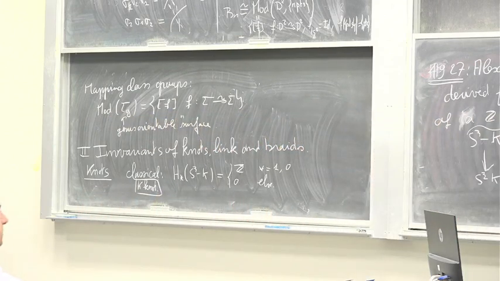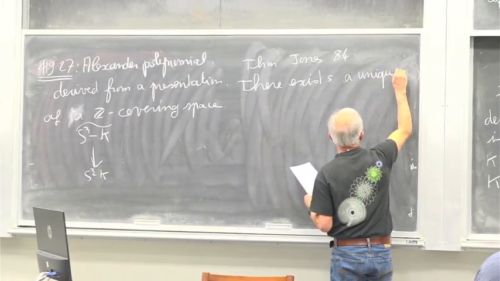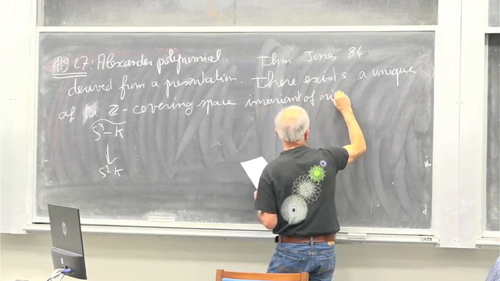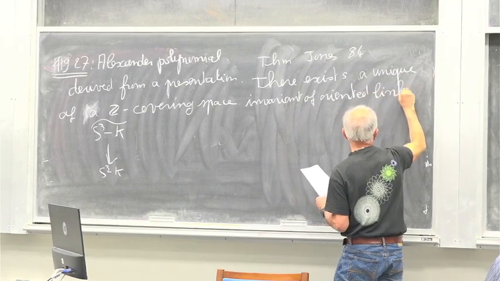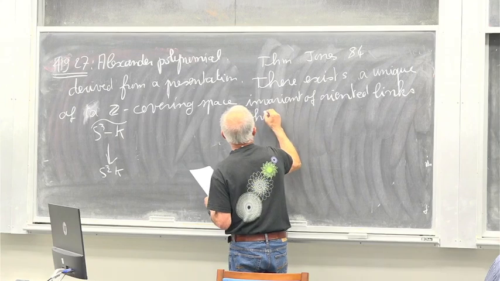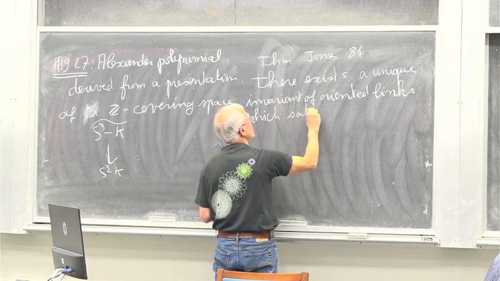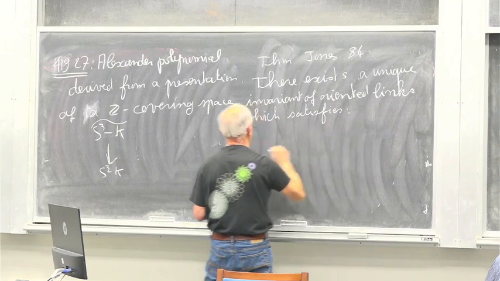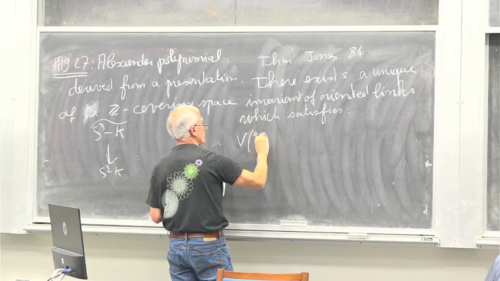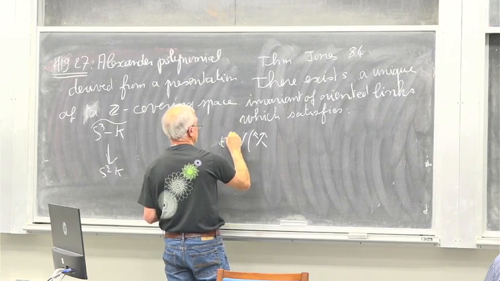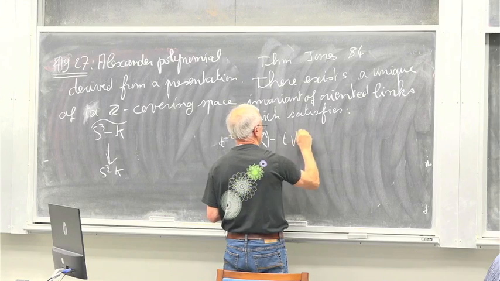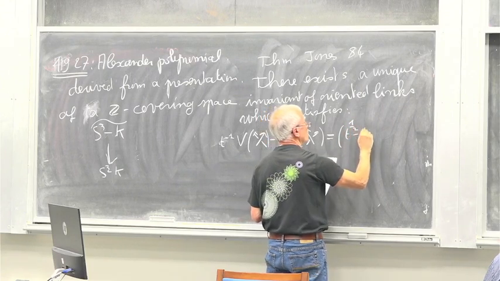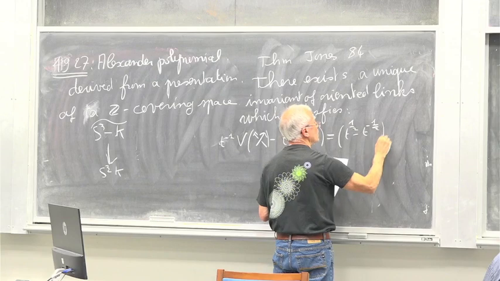There exists a unique polynomial invariant of oriented links which satisfies: t to the minus 1 times V of positive crossing, minus t times V of negative crossing, equals t to the 1 over 2 minus t to the minus 1 over 2 times V of no crossing.